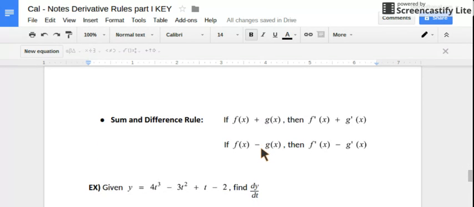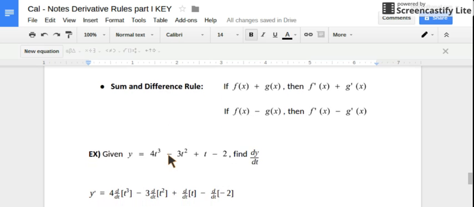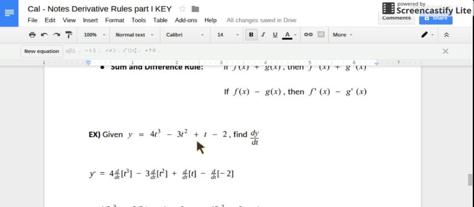Sum and difference rule is the last rule we're going to talk about in this video. It simply says that if you have an equation or a function or an expression that has multiple terms in it, as long as they are being added or subtracted, you can find the derivative of each individual term separately and put it all back together. So for example, I got this long polynomial function called y.